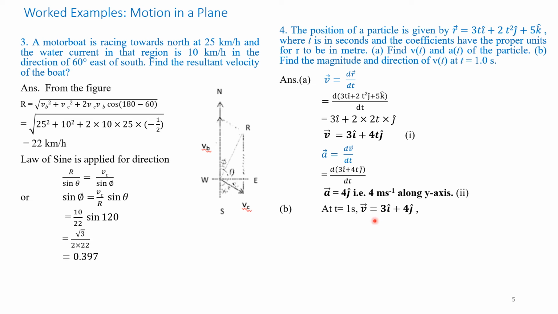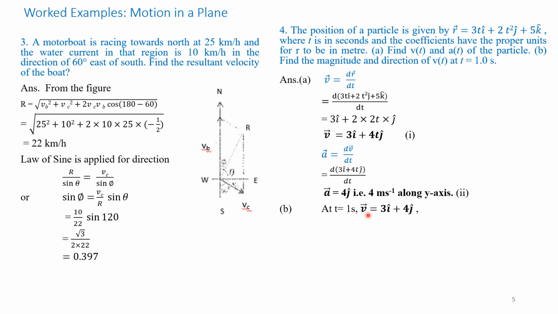Now we have to find the velocity at t is equal to 1 second. That is, in part B, the question is we have to find the magnitude and direction of Vt at t equals 1 second. Therefore, V we have found as V is equal to 3i plus 4tj. Put the value of t as 1 second.